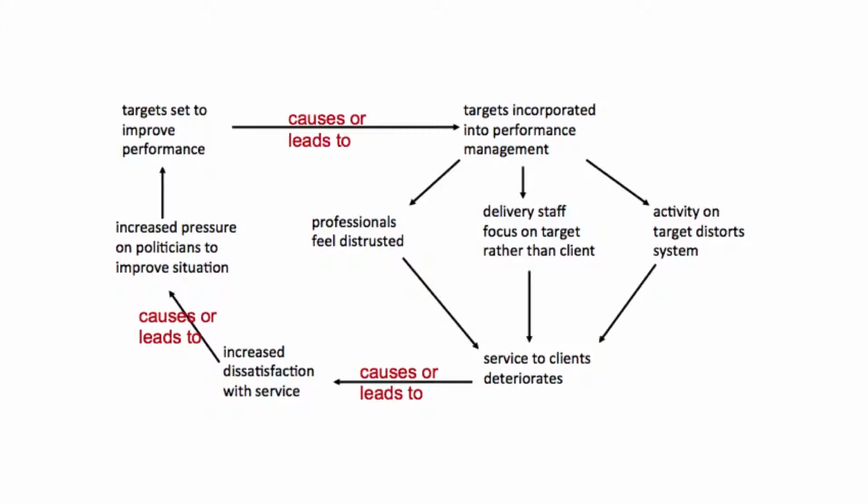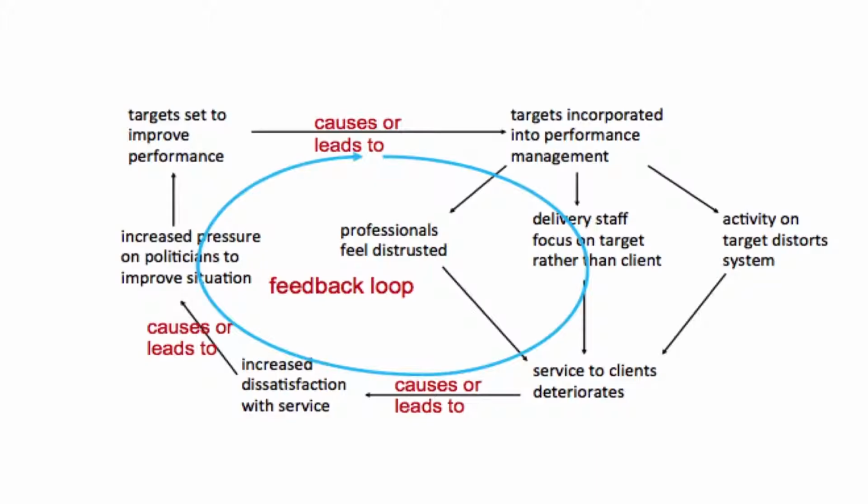Well, this is a multiple cause diagram about performance targets introduced into the public sector. You can see it's got targets incorporated into performance management, and as a result of that, the staff focus on the target rather than on the patient or on the client.